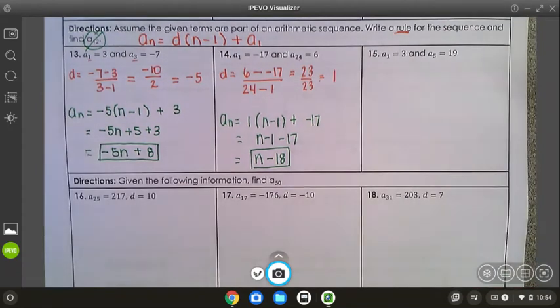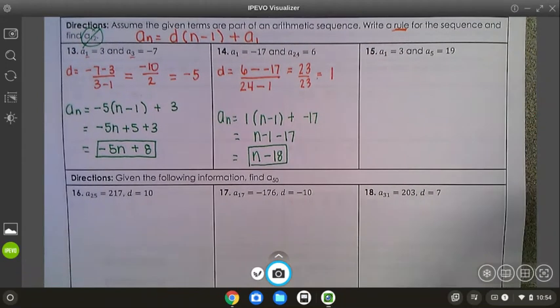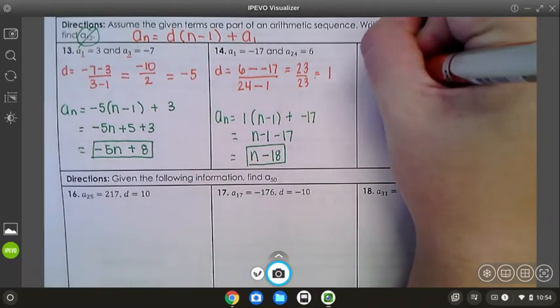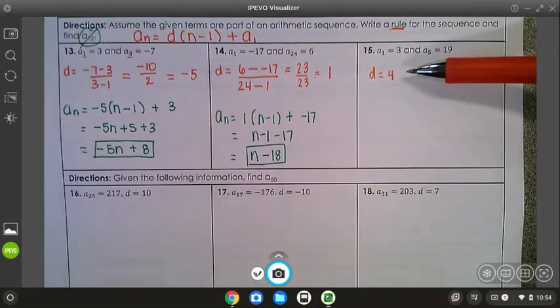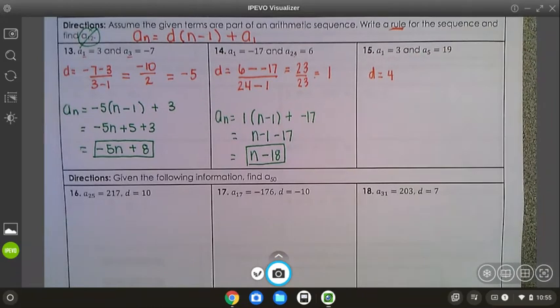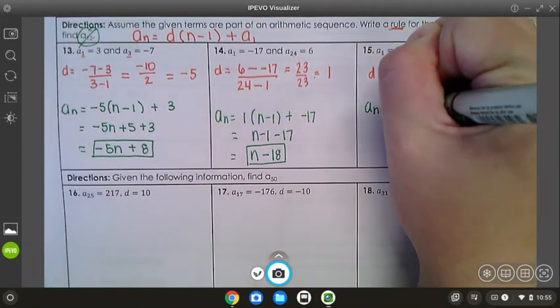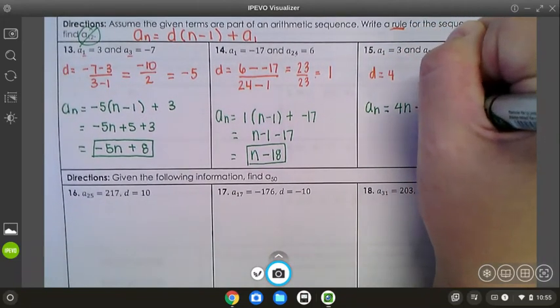Number 15, I want you to pause the video and try this one. So 15, you should have got your common difference is 4. If you didn't get that, you might want to go back and check on that one. And then your formula, you should have got 4n minus 1.